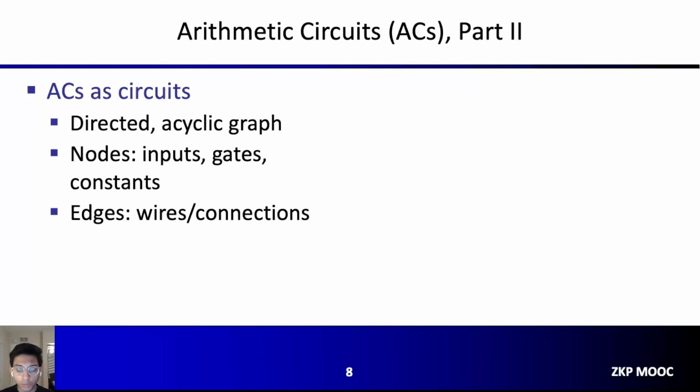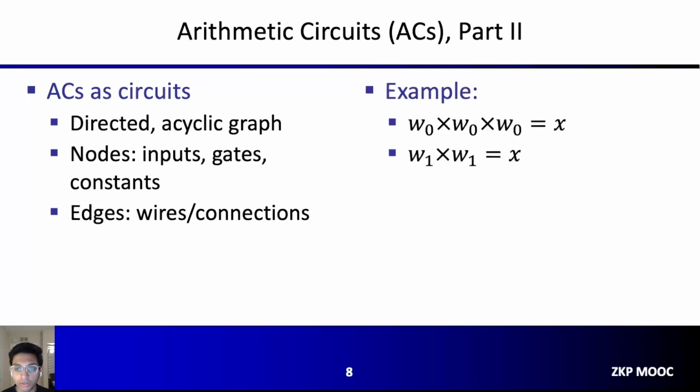The edges of this graph are going to be wires which carry values from one node to the next. So a wire from a multiplication gate into an addition gate will carry the output of the multiplication gate as an input into the addition gate.